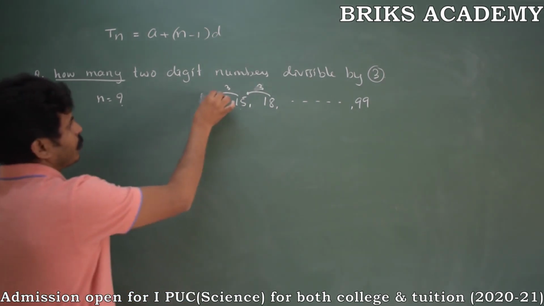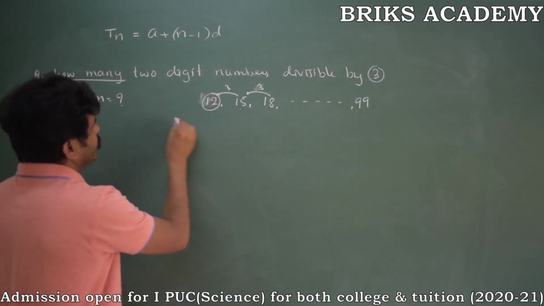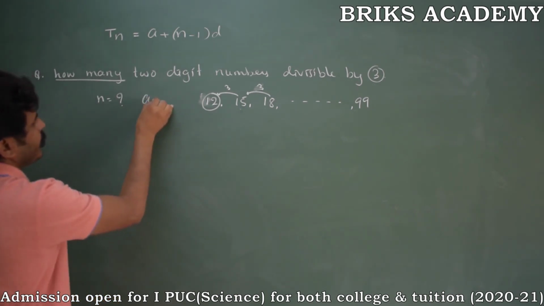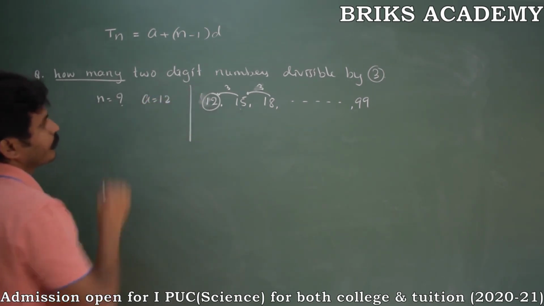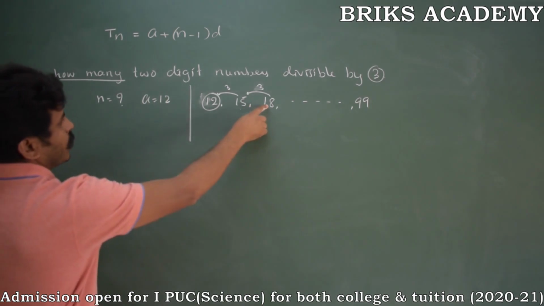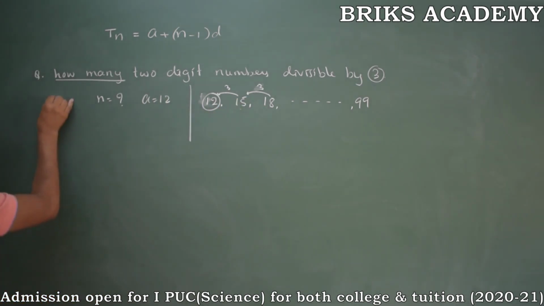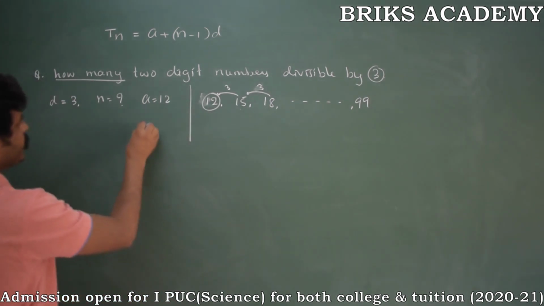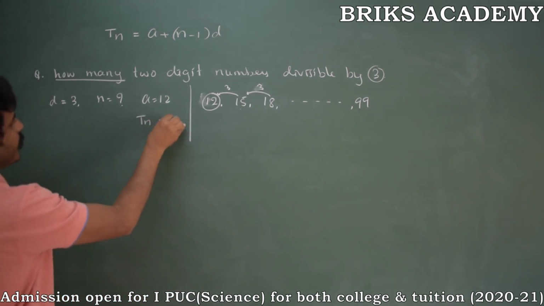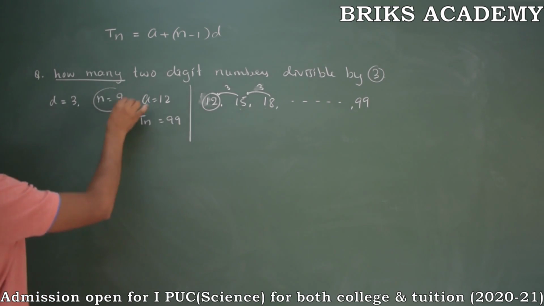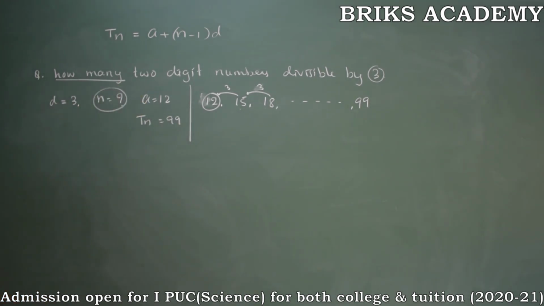AP with the first term, what is your first term? A is 12. The common difference D is 3. The nth term is also given. It is 99. They ask you to find out n. So what is your nth term?